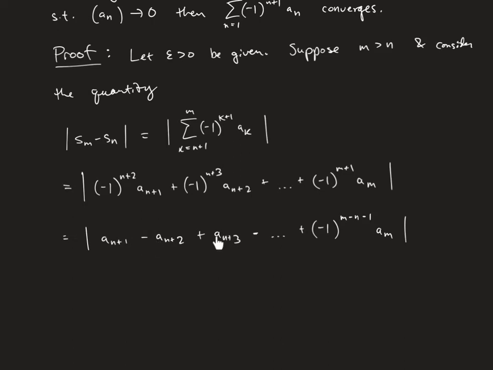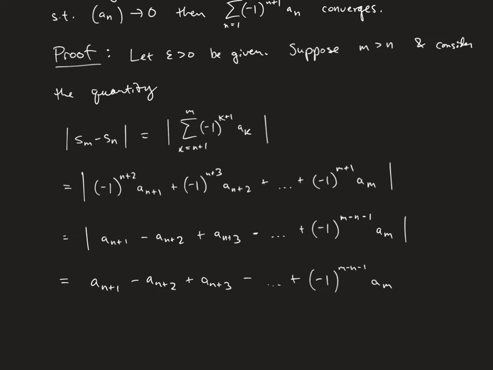Then I add back the positive term a_(n+3), so I have something at least as big as a_(n+3). Then I subtract off a_(n+4), but that's not quite as big as a_(n+3), so I'm still positive, and this just keeps going down the line. So a straightforward induction proof shows that this is equal to a_(n+1) minus a_(n+2) plus a_(n+3) minus, and so on, plus (-1)^(m-n-1) a_m.